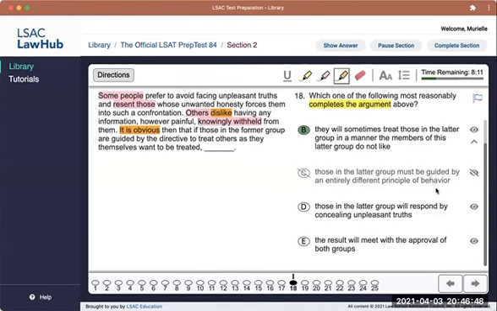D, those in the latter group will respond by concealing unpleasant truths. No, actually. In the latter group, we don't know how they would respond, right? It doesn't say that the people in the latter group are just going to treat these people the way that they treat others, so we don't know what directive they are living by about how to treat people. So we don't know how they're going to respond to this treatment.